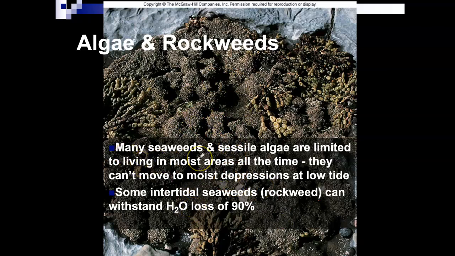But many seaweeds and a lot of the sessile algae, meaning the algae that can't move, are limited to living in moist areas that are going to hold a little bit of water all the time. They can't move from one depression to the next at low tide. So most of them are going to exist in these moist depressions. Other than rockweed, which is going to be really successful a little higher up in the intertidal zone because it can withstand so much water loss.